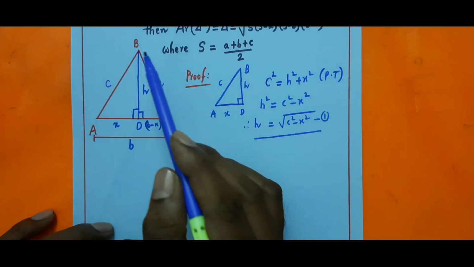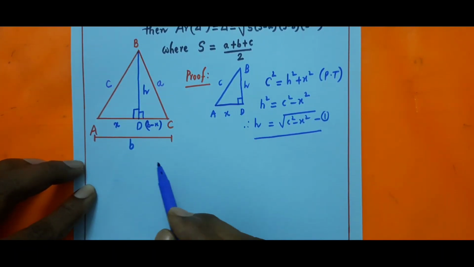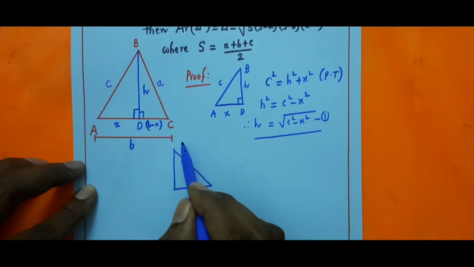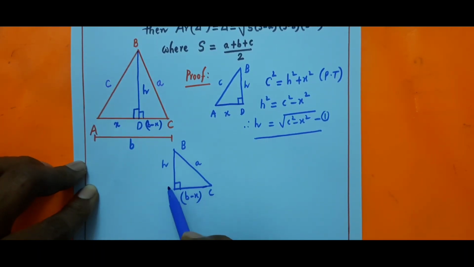Now, coming to the second triangle BDC. Here also, for my convenience, I am going to draw the second triangle separately. That is BDC. Again it is 90 degrees. This is a, this is h, this is b minus x. In this right angle triangle also, I am going to find out the h value again. For that, I can apply the Pythagoras theorem here also.